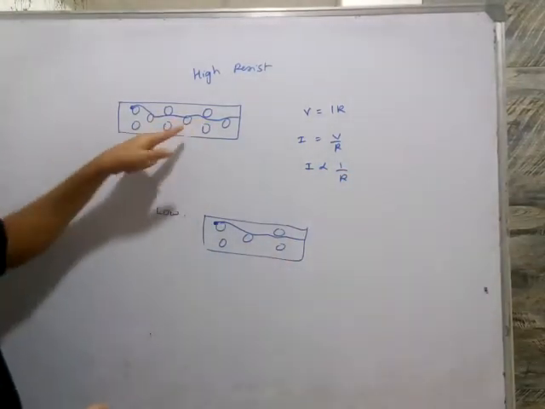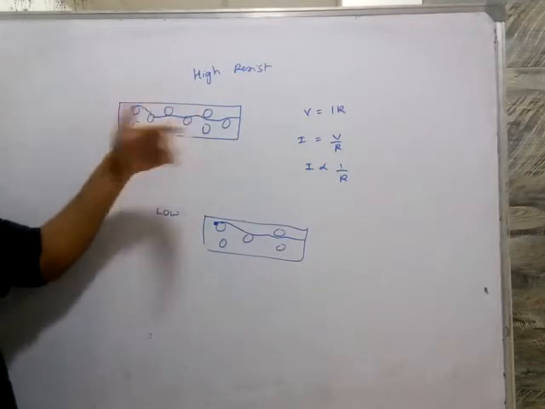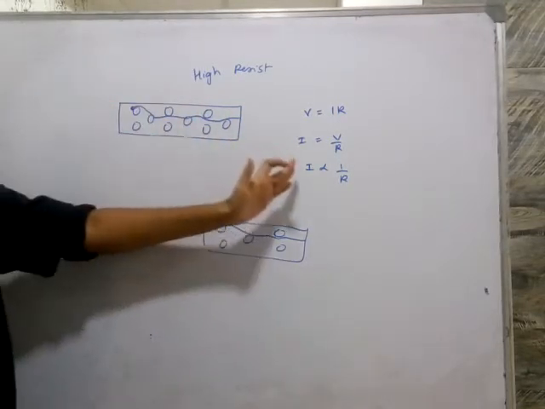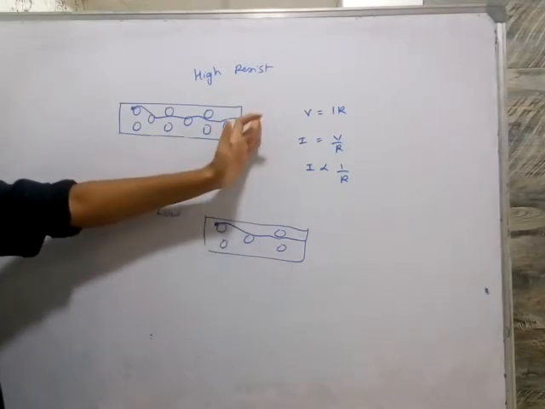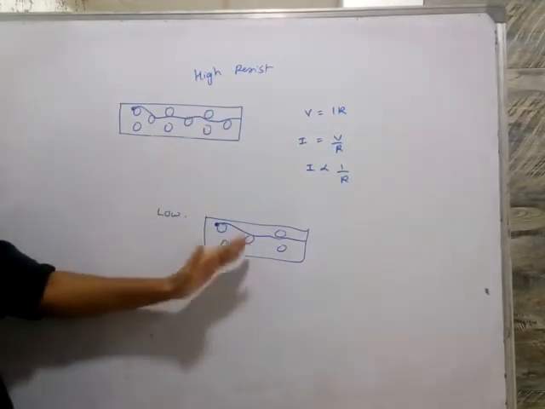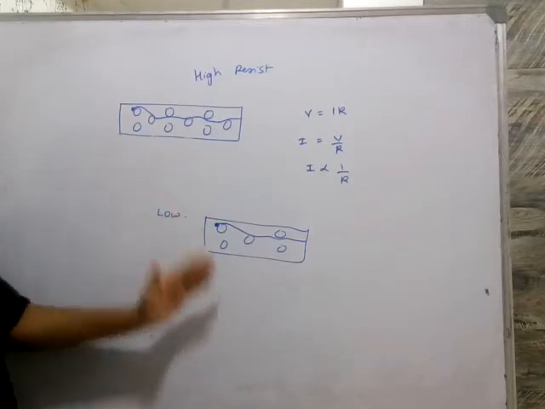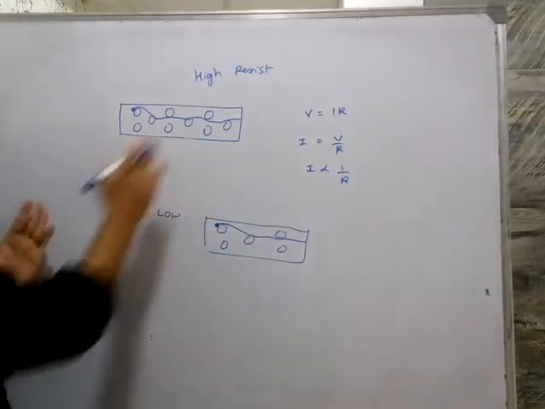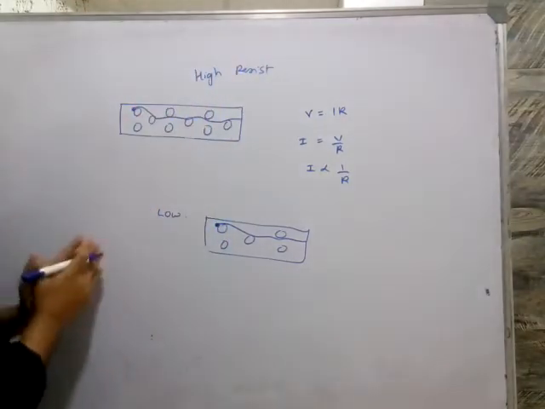More resistance means more atoms, and the more atoms, the more time it takes to reach the end of the conductor. With less resistance, it takes less time and reaches the end of the conductor faster. So this is very important: high resistance and low resistance.